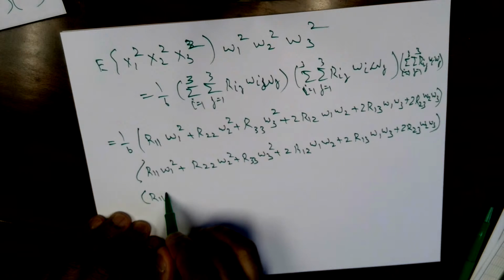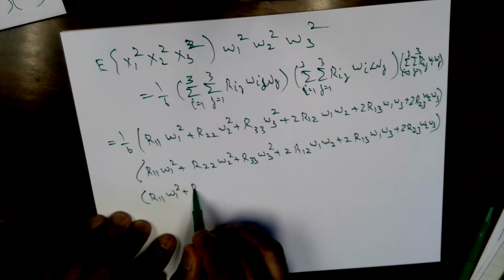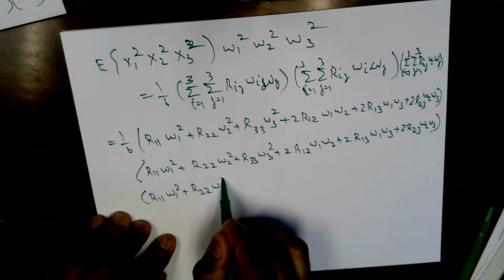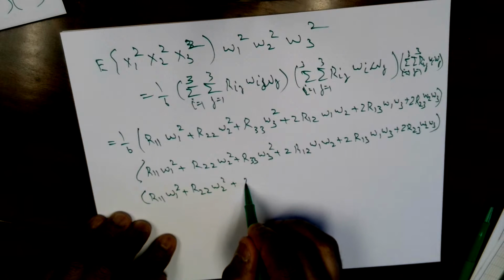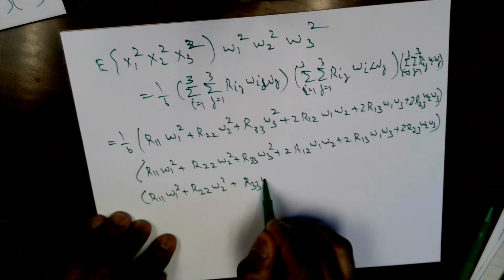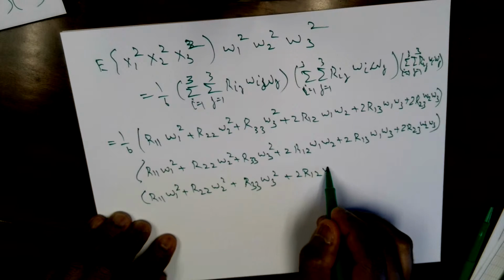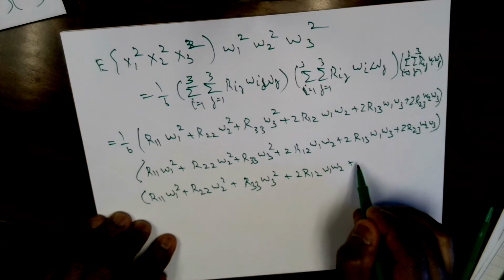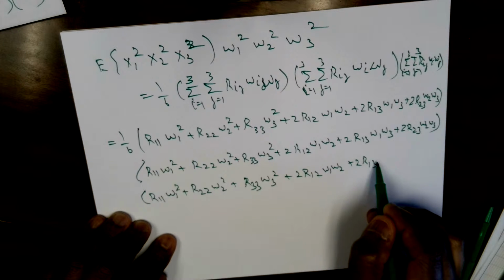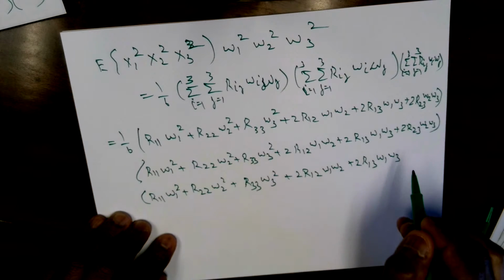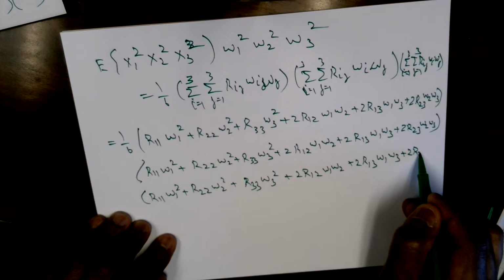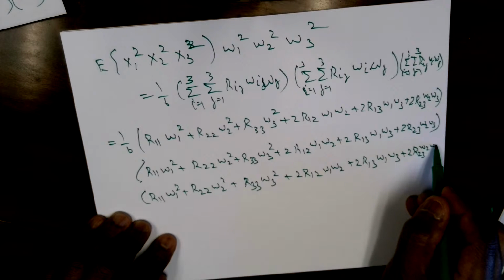And one more time, R11 omega 1 squared, R22 omega 2 squared, R33 omega 3 squared, plus 2R12 omega 1 omega 2 plus 2R13 omega 1 omega 3 plus 2R23 omega 2 omega 3.